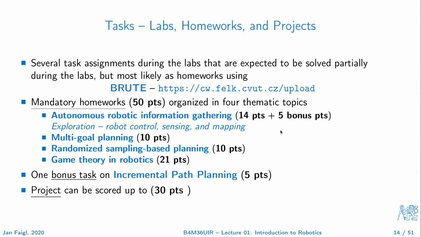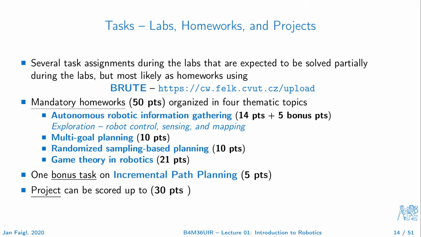So, tasks, labs, homeworks, and project. There are several tasks and assignments that I will upload to the Brute system. There are mandatory homeworks for up to 50 points, organized in 4 thematic topics. The first is autonomous robotic information gathering, which is mostly building blocks for the project. It will be about exploration, so you will control the robot and work with sensing and mapping. Another topic is multi-goal planning.